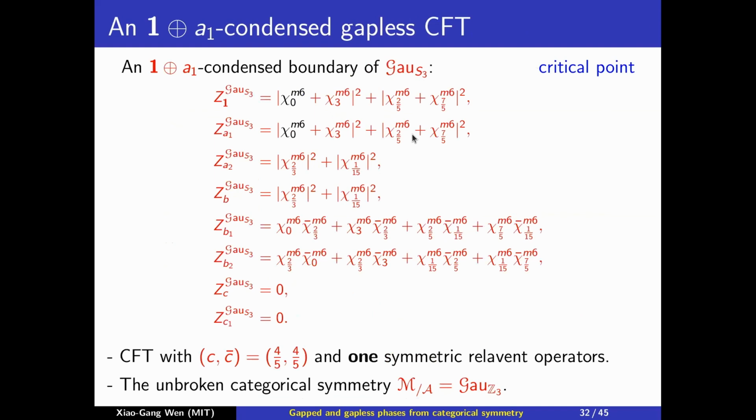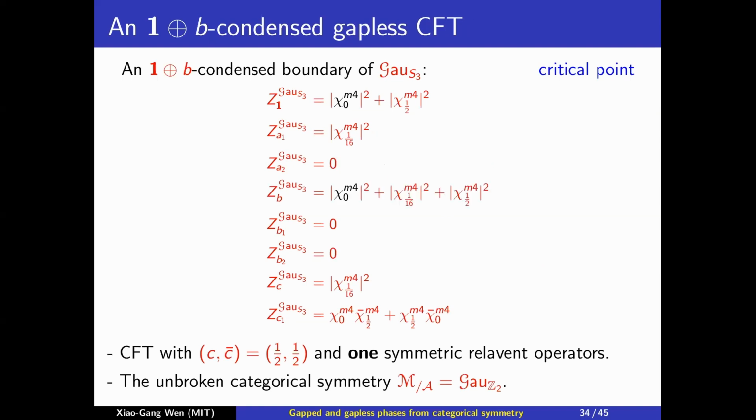But for this one, you can see in the 0 and A1 sectors the scaling dimension pattern is the same. So although they both describe the 6/5 minimal model, it's a somewhat different CFT because the combination is different. This is just an example of the same 6/5 minimal model with a different combination, strictly speaking a different CFT.